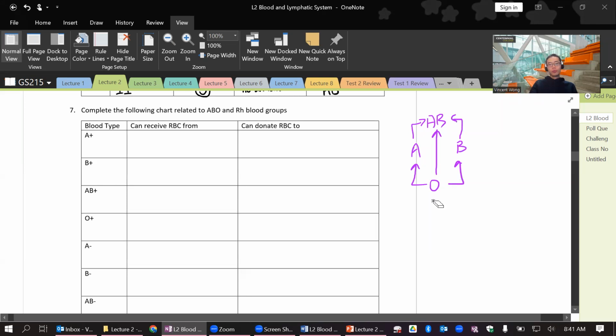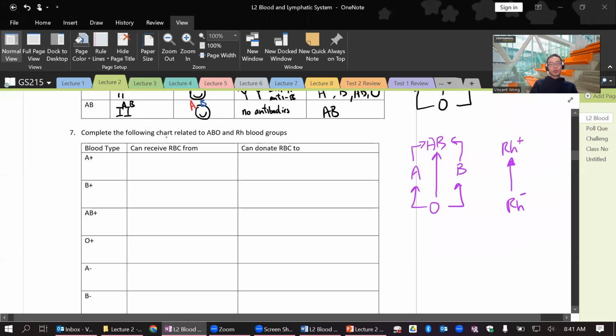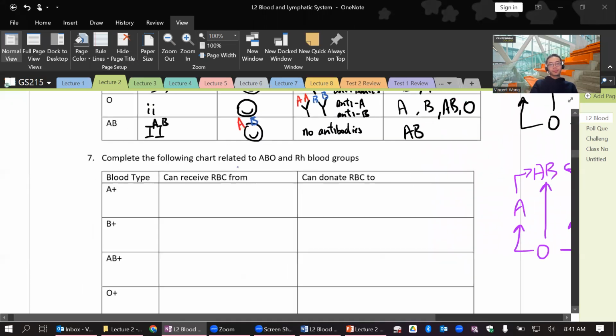This shows you who you can give red cells to. And Rh negative people can give to positive, not the other way around. I'll tell you why later on. You probably kind of know why, but I need to explain more because the story is more complicated.